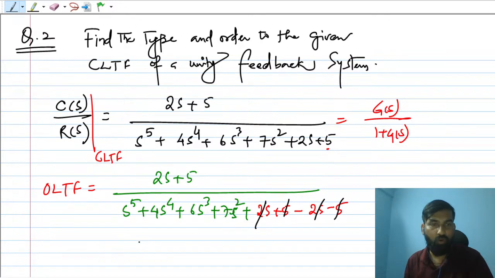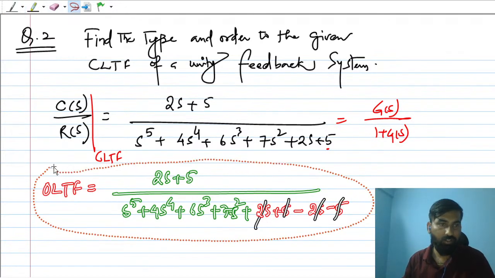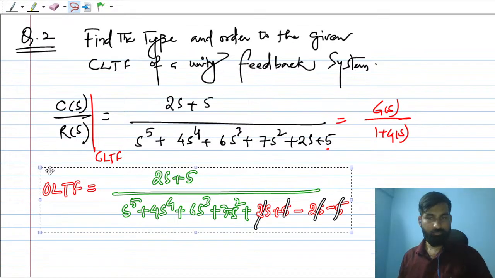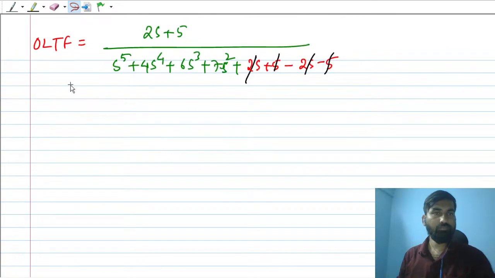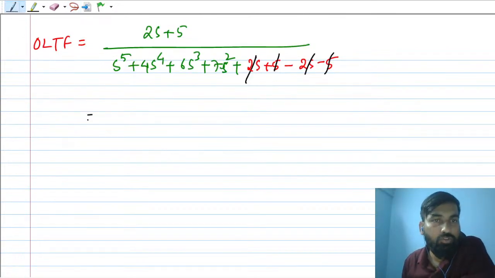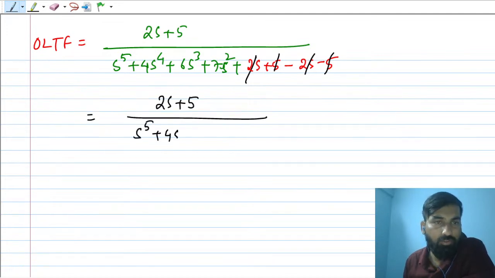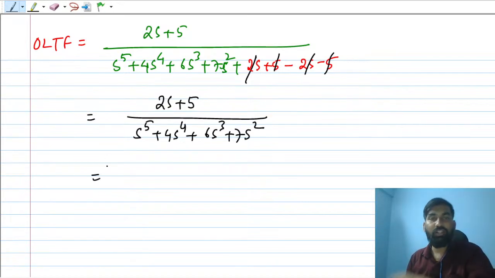Let me take this to the next page in order to show everything. So you can now write (2s + 5)/(s^5 + 4s^4 + 6s^3 + 7s^2). Now you can take s square common from the denominator, right?